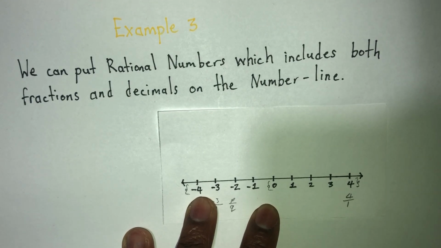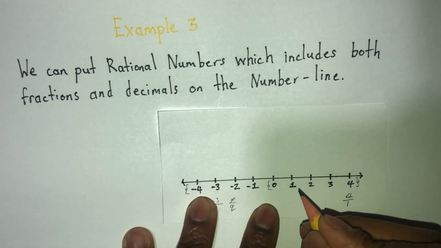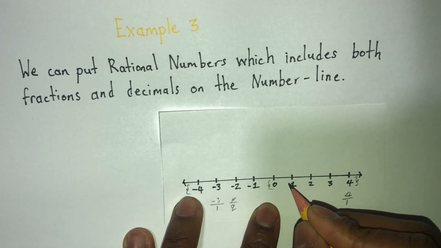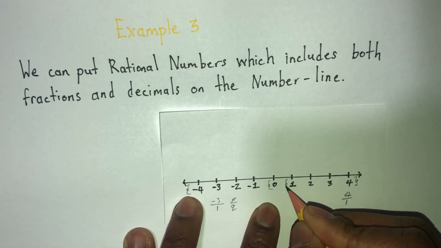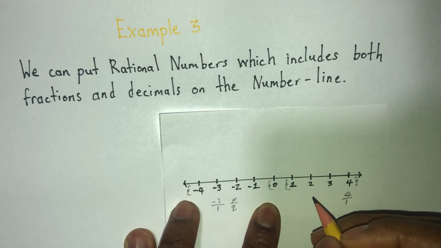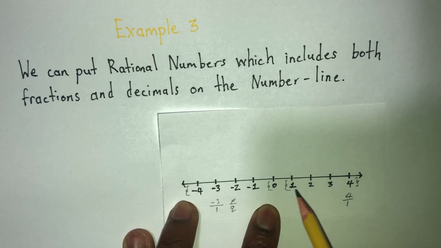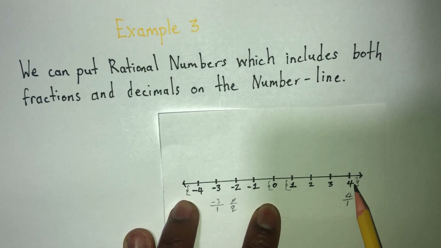And we can also take the set of natural numbers from this set, and we know that natural numbers start at 1, not 0, sorry. The set of natural numbers starts at 1. So here we have 1, 2, 3, 4.